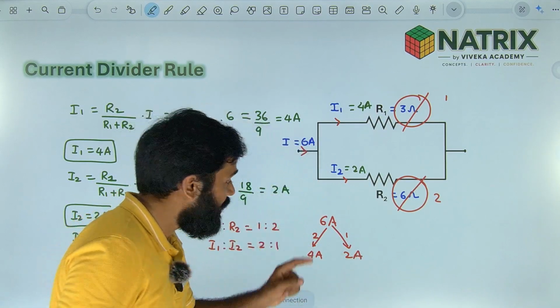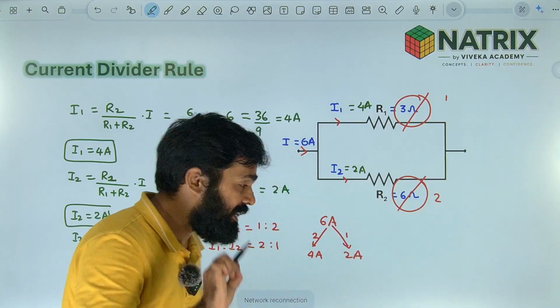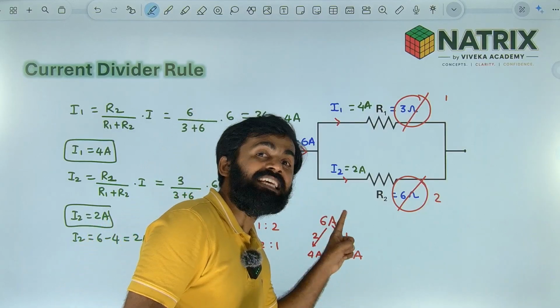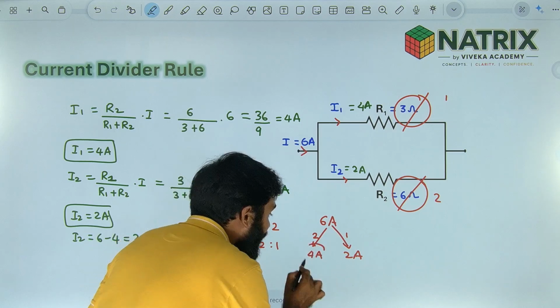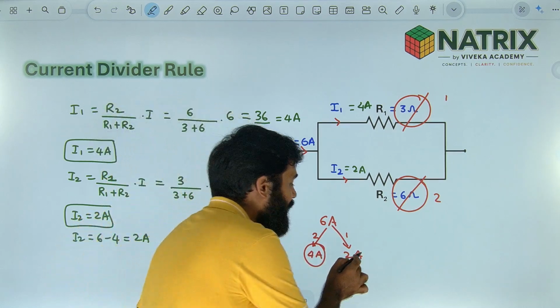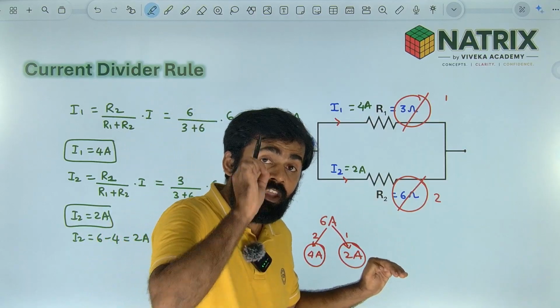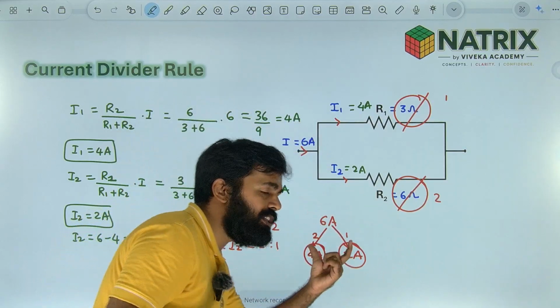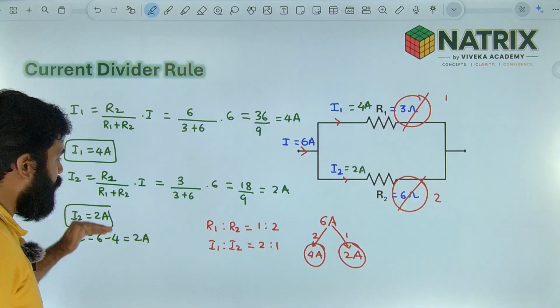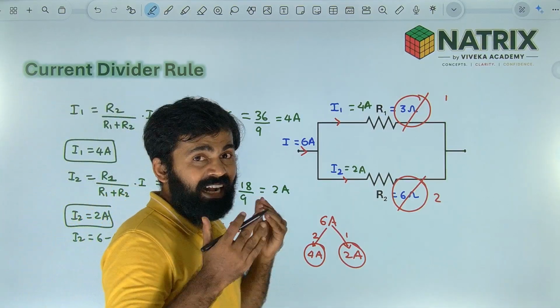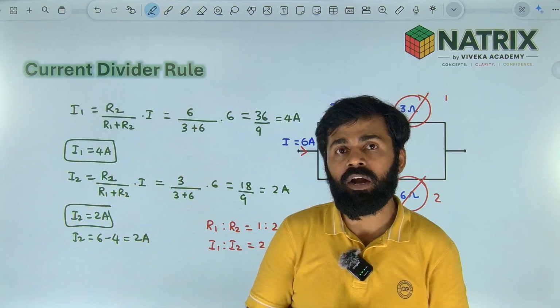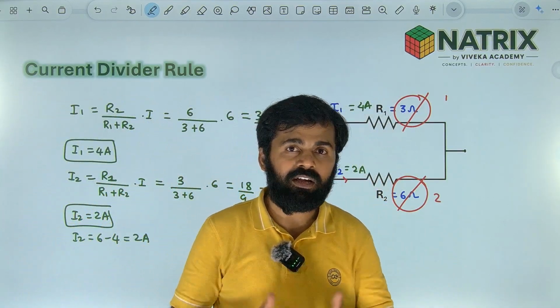You can see the ratio is 2:1, and also 4 plus 2 is 6 ampere. So current I1 is 4 ampere, current I2 is 2 ampere. This is what the ratio method is. If you find it difficult to use the ratio method, you can always follow the formula method. That's how we find the currents in different branches using the current divider rule.